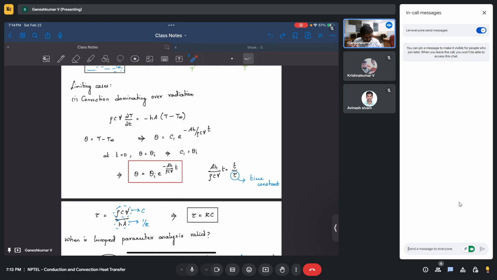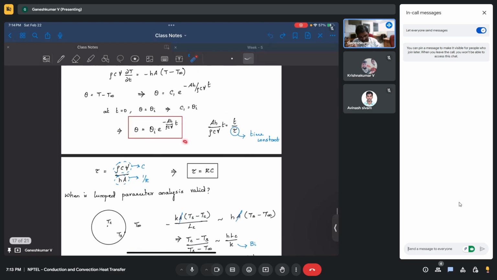So this is our final temperature profile with respect to time. You can see this is theta. Theta is nothing but T minus T infinity, and it is a function of time. It is not a function of space. Till now we have been studying steady state conduction as a function of space. Now we are only studying how it varies with respect to time.